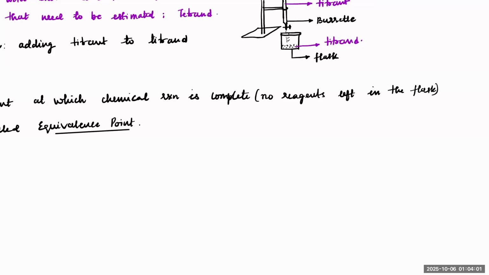At the color change that happens due to the indicator, we will stop the titration and say, hey, we have reached the equivalence point. May not be the exact precise value, but we came to the closest value to the equivalence point. Is the logic clear, everybody? And that is a practical value which you will find on the burette, how much volume you have consumed. Got it?